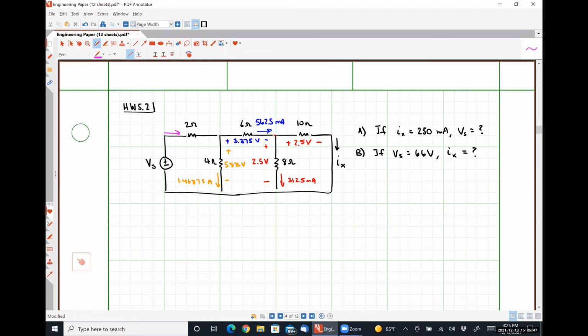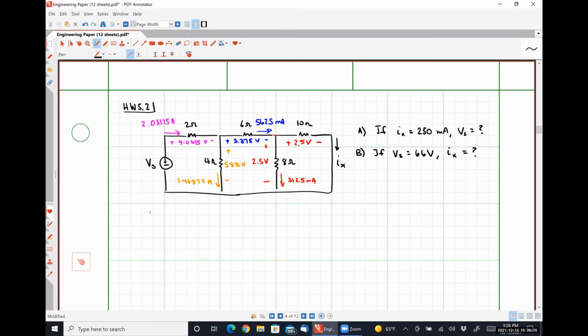And we can use Kirchhoff's current law to find the current flowing through the 2 ohm resistor. That's just going to be that 1.46875 plus 562.5 milliamps, giving me a total current of 2.03125 amps, which means the voltage drop over the 2 ohm resistor is 4.0625 volts.